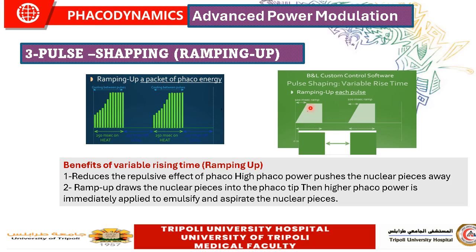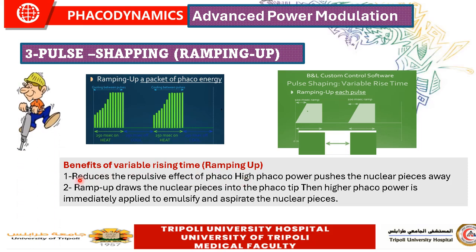The advantage of ramping up of the pulses, which is present in recent phaco machines, is to reduce the repulsive effect of phaco. As you know, phaco has a repulsion effect that pushes the nuclear fragment away from the phaco tip, and this is due to the jackhammer effect.